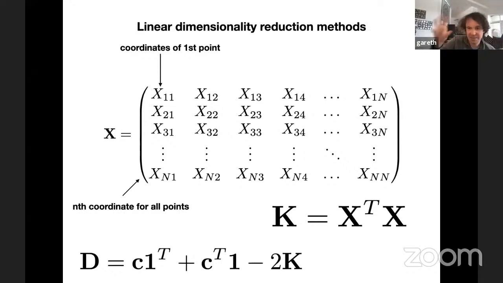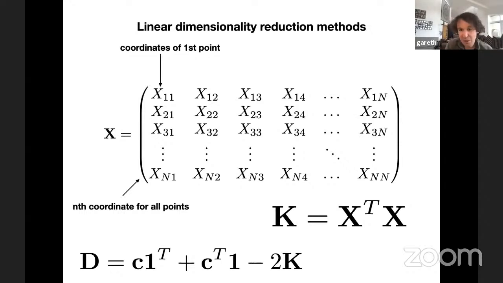What this means is that these three representations that I talked about, the matrix of kernels, the matrix of distances, and the matrix of all these projections on these basis vectors, are equivalent, and we can convert between them. That's the basis of these linear dimensionality reduction methods, PCA and MDS, basically.